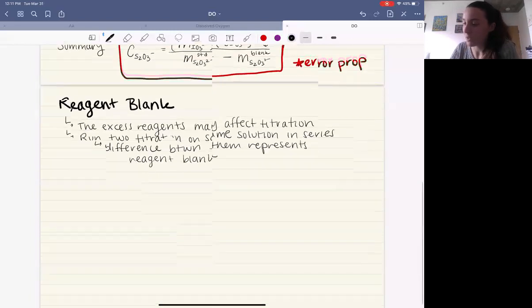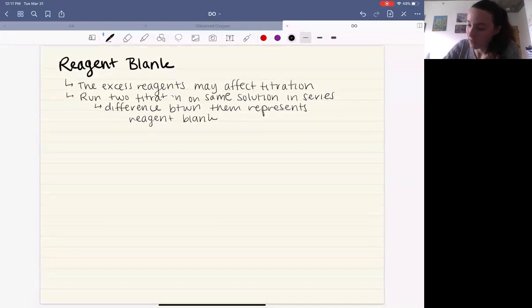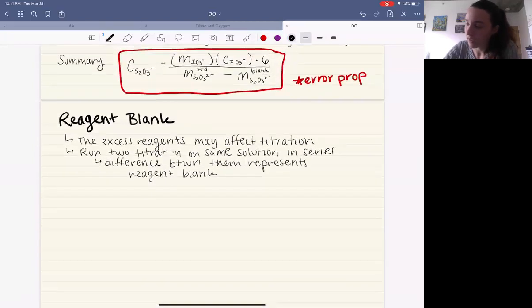Okay, and the difference between them is the reagent blank. So that this term here is the difference between the masses it took to get to each equivalence point. So I'll write that out. Mass of S2O3 2 minus for the blank is equal to the mass that it took to get to endpoint 2 minus the mass that it took to get to endpoint 1.